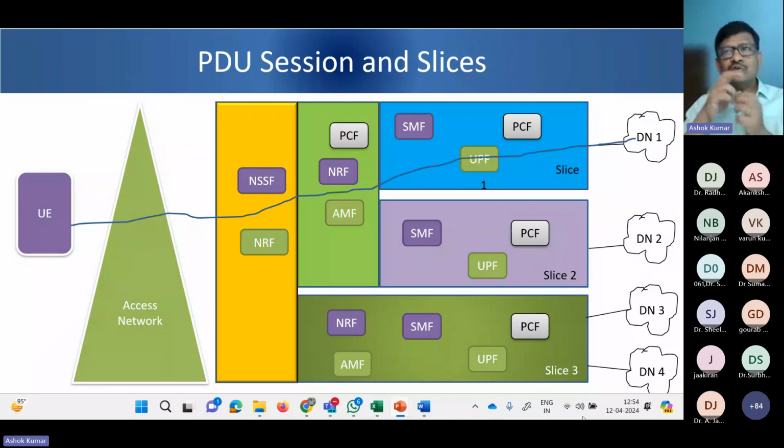What I'm trying to explain is that suppose there are two slices. One slice is URLLC, basically for Industry 4.0, and one slice is eMBB, basically for smartphones.